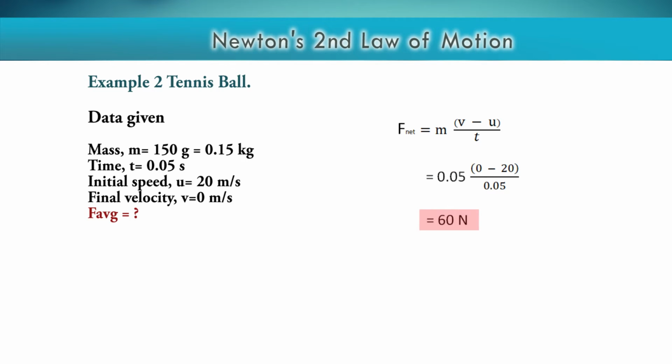Therefore, the average force applied is 60 Newton, which means the player should apply 60 Newton of force to stop the tennis ball of 150 gram, which was moving at 20 meters per second. Note that momentum is a measure of strength and a measure of how difficult it is to stop an object.